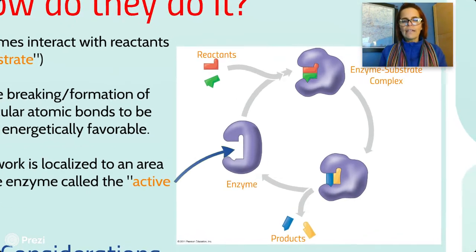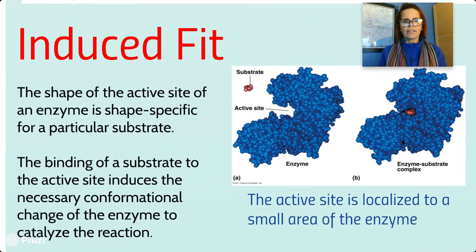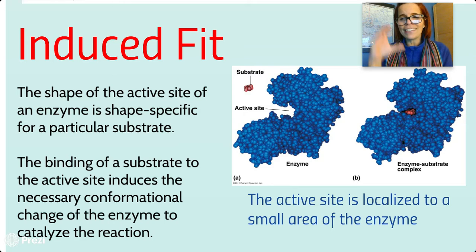Okay, so moving on, let's look at the details a little bit more. Instead of it being a total puzzle piece, we're going to call this the induced fit model. Induced fit means it's more like a bendy puzzle piece. The shape of the active site of an enzyme is specific for a particular substrate. The binding of a substrate to the active site induces necessary conformational changes.